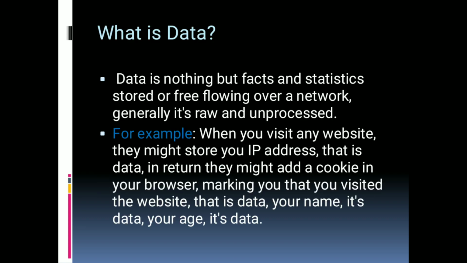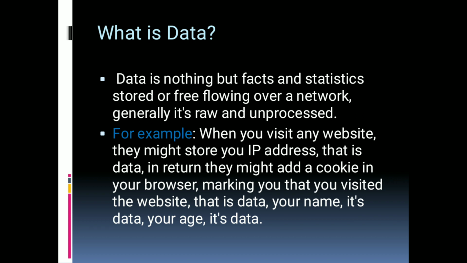So we need to know what data is before learning about database management systems. Data is nothing but facts and statistics stored or free flowing over a network. Generally, it's raw and unprocessed.